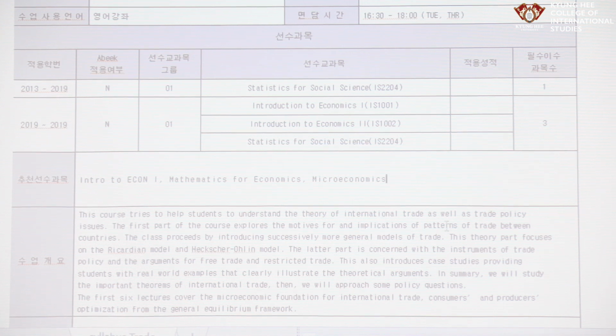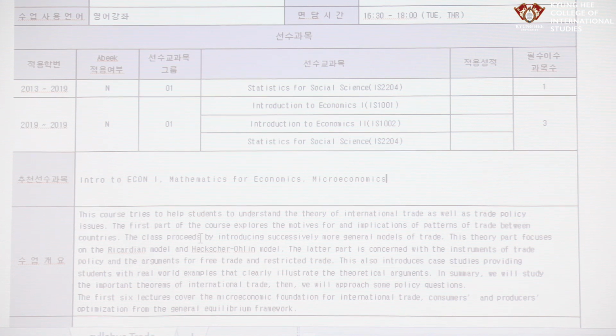That is a pattern of trade. From the perspective of Australia, this pattern of trade means Australia exports agricultural goods and imports manufactured goods from Korea, right? That is a pattern of trade. The theory part explains these patterns of trade between countries.